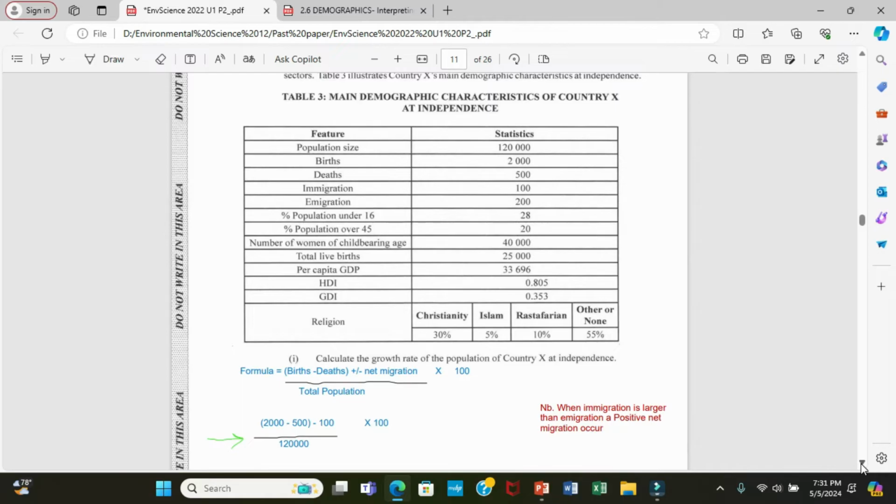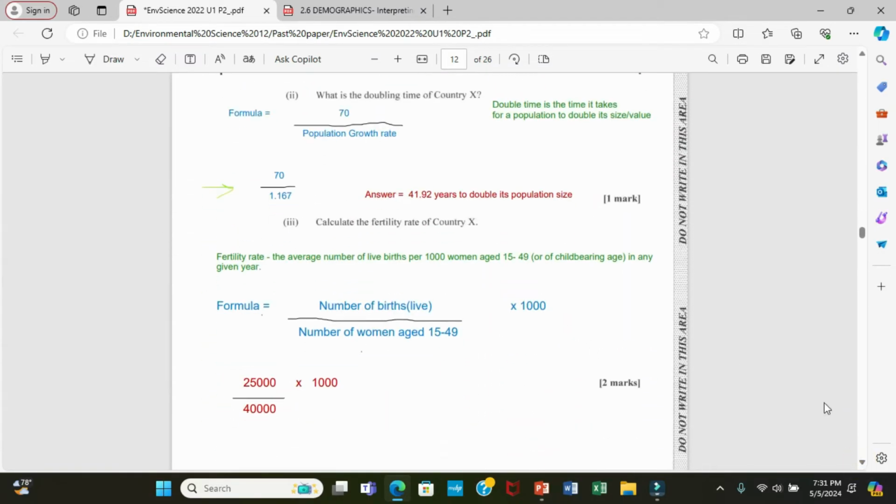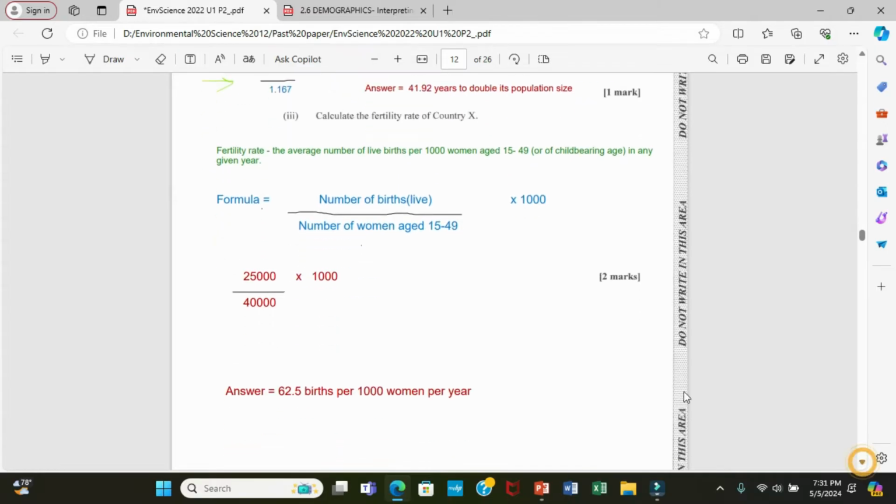So we will plug that information in, multiply by 1,000, and I will explain what the 1,000 means. After you do your calculation, multiply the 25,000 times the 1,000 and then divide the answer by 40,000. Of course, you will get 62.5.